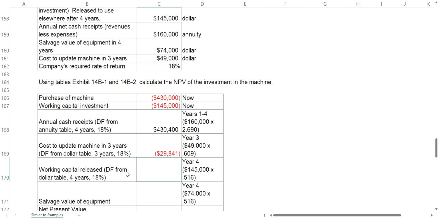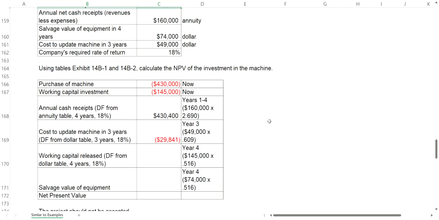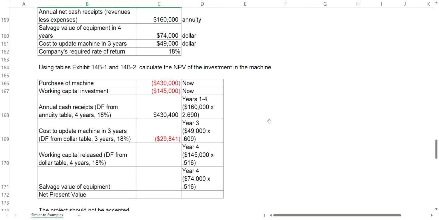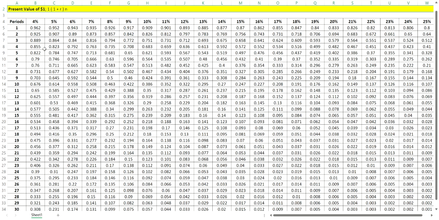Now at the end of year 4, that working capital of $145,000 will be released. That's a one-time payment at the end of year 4. And again, our required rate of return is 18%. So I will go to the dollar table because it's a one-time payment at the end of year 4. So look at the year 4 column, 18%. Okay, so here's the dollar table, year 4.